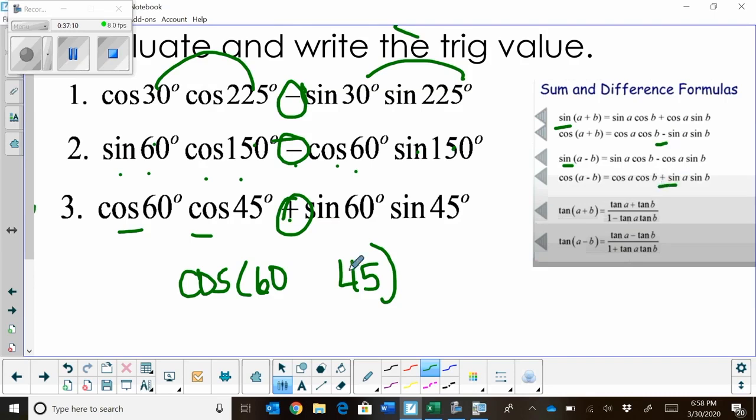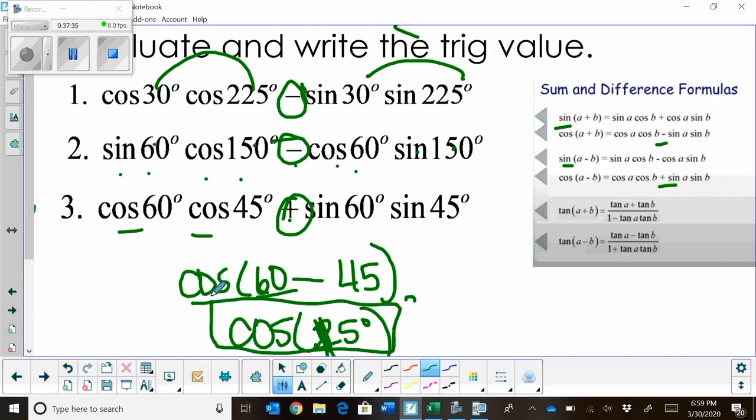It's always the opposite sign, so we're going to subtract. So 60 minus 45 is cosine of 15 degrees. Yeah, it's just 15 degrees. 60 minus 45 is 15. So it's a cosine of 15. So you could evaluate the cosine of 15 with this expansion. And there is our answer. And that's all we're looking for, is to condense it back together.